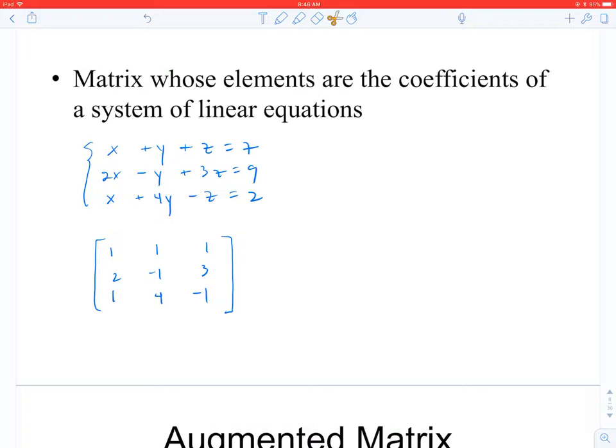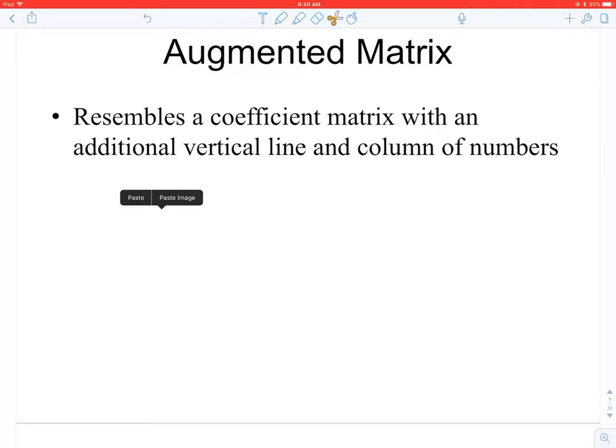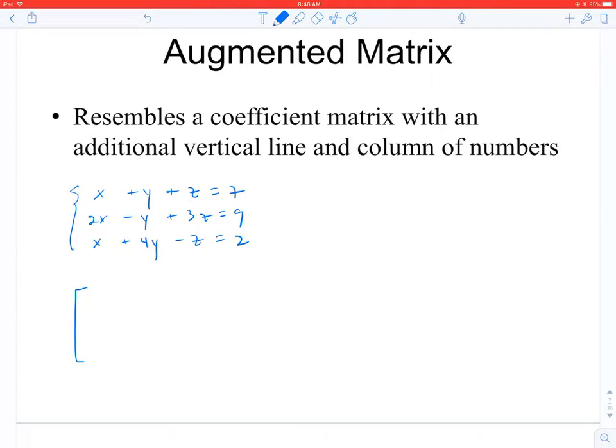So if I take this same system, I can write this as an augmented matrix by, on the left, having basically the coefficient matrix.